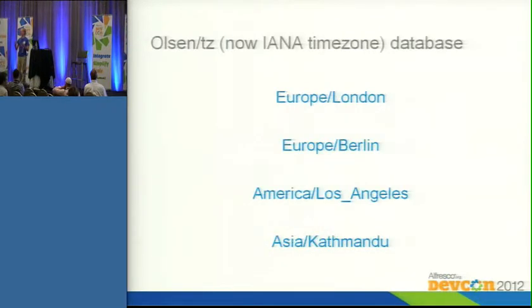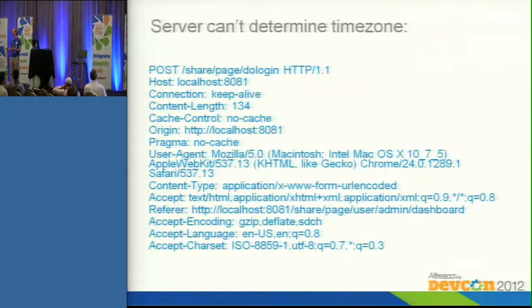One of the ways to get around that is to actually use the Olson time zone string, and that basically encodes the region and the city into a string. That's not something we use yet within Alfresco, but we're hoping to do so at some point in the future.